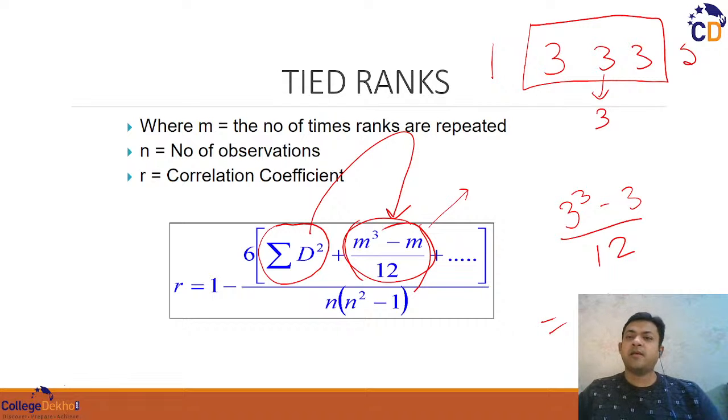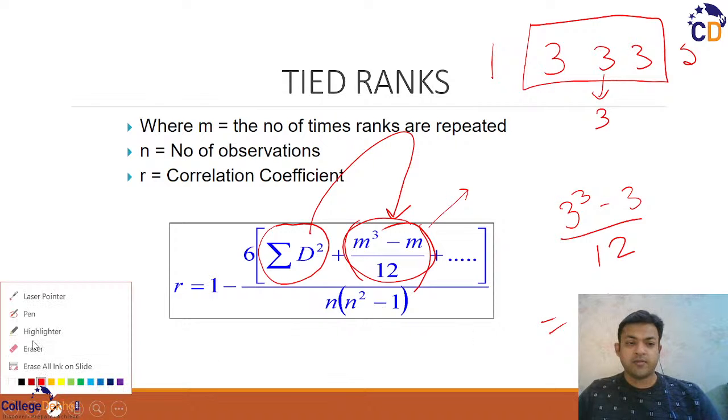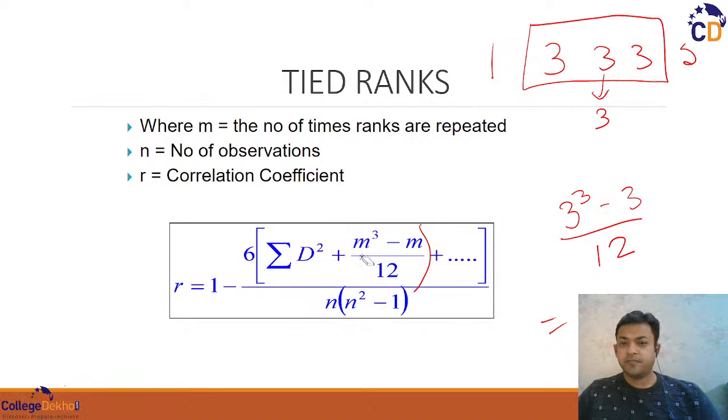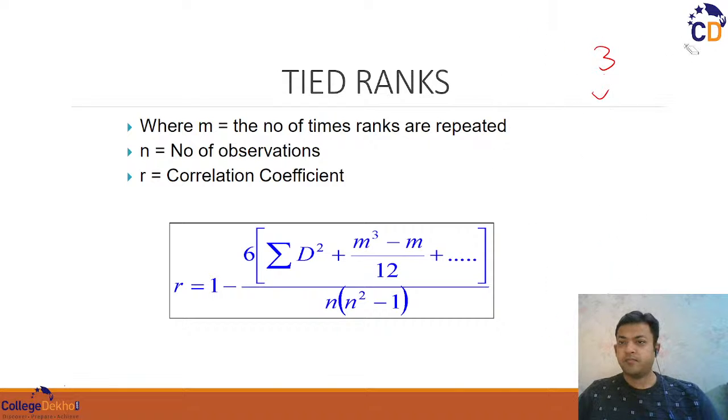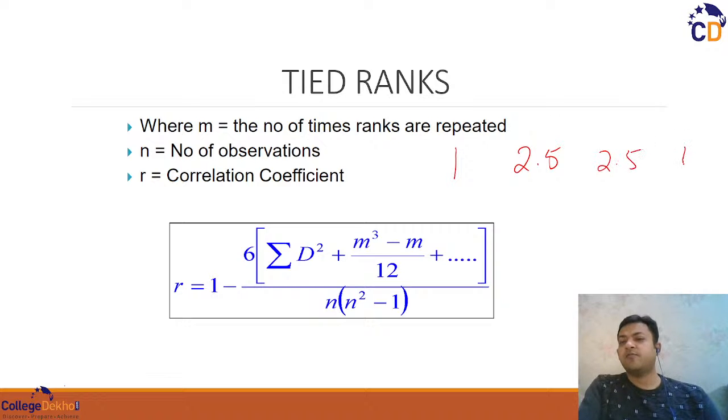Let us take another example for the tied ranks. Let's say the ranks are 1, 2.5, 2.5 and 4.